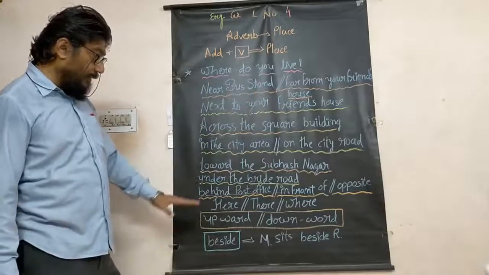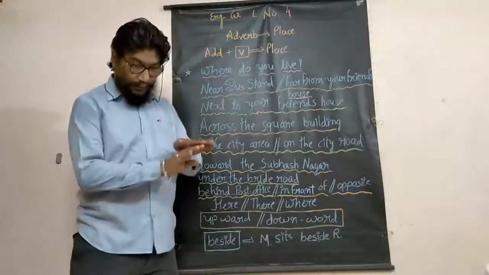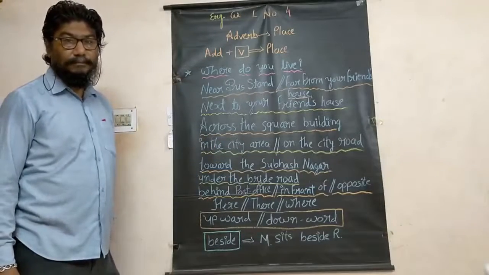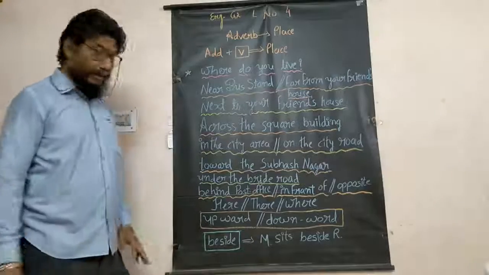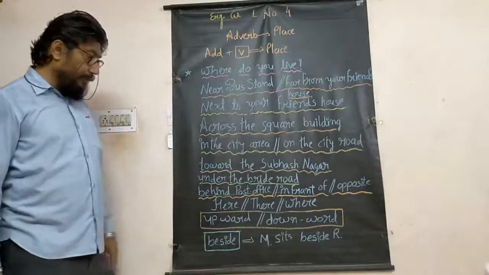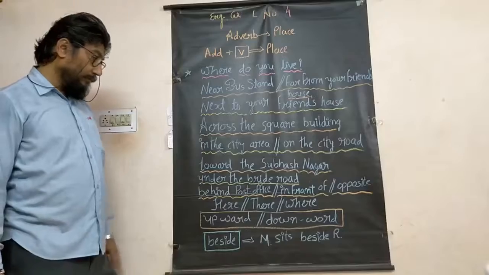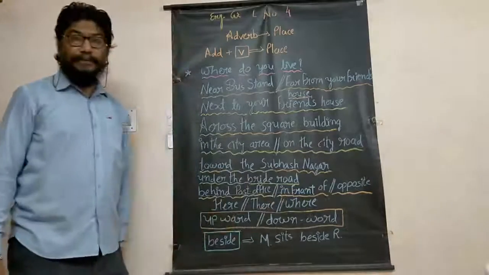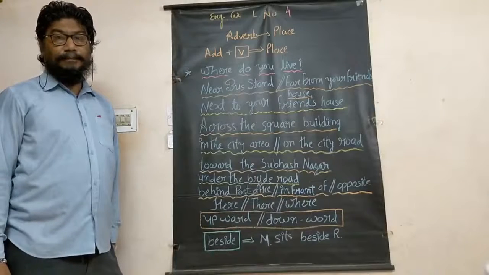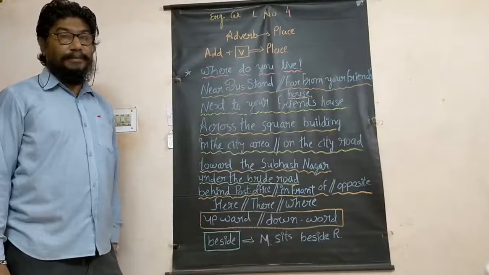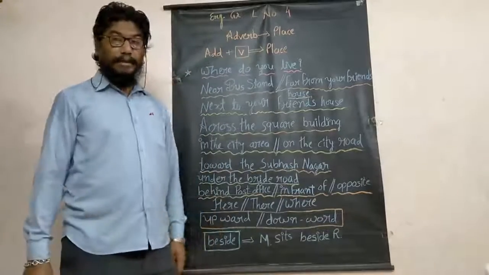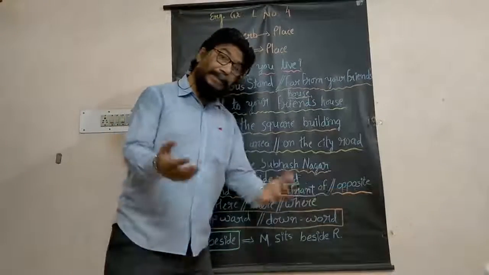Where do you live? Under the bridge road. Under. Everywhere, place is connected. Where do you live? In front of post office. What is in front of? Next to that, opposite to post office. Opposite to ST bus stand.